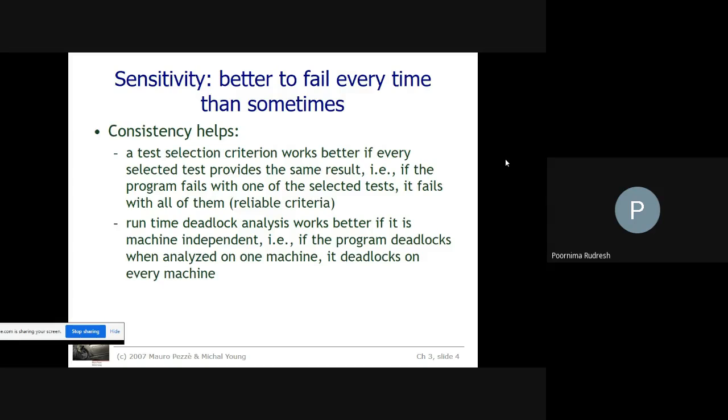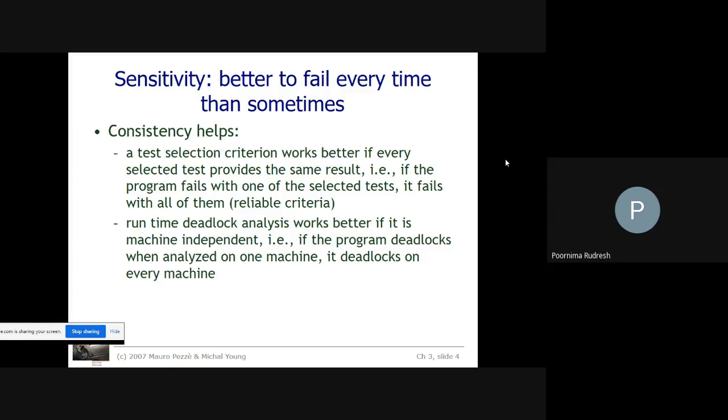To check that, we can make use of the deadlock analysis, runtime deadlock analysis. All of you know what a deadlock is, and how deadlocks are detected and corrected. You have studied it in operating systems as well as in DBMS, right? And here we are checking the system deadlock for different programs, on different machines.